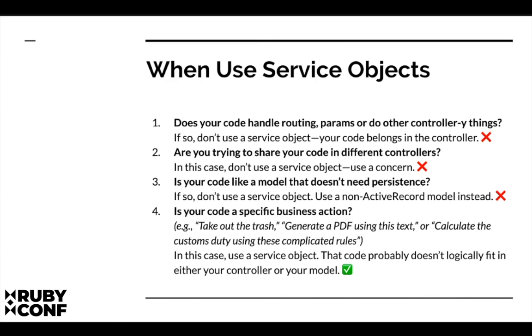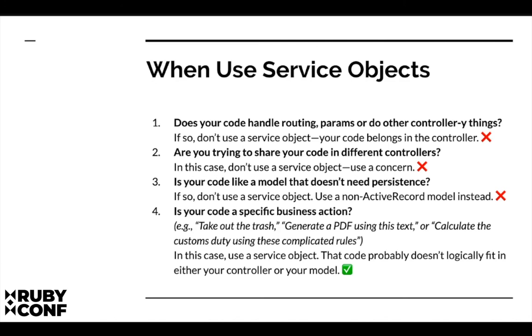And is your code a specific business action? Examples are take out the trash, or generate a PDF using this document, or calculate the customs duty using these complicated business rules, which is actually something I've had to deal with for a Pakistani e-commerce startup, Nazdeek.